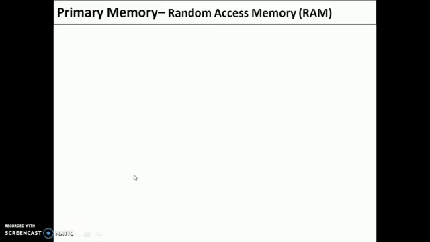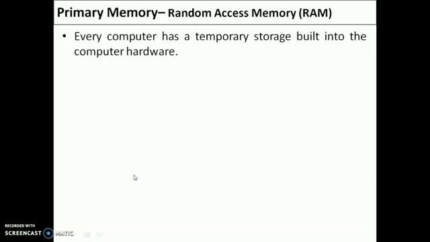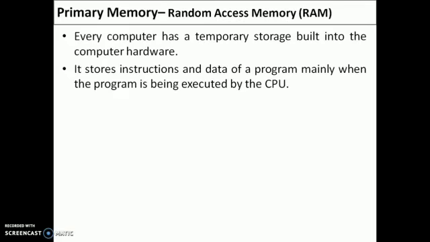Primary memory. When we talk about computer memory, usually it means RAM, random access memory. Every computer has a temporary storage built into the hardware. It stores data and instructions of a program. Which program?